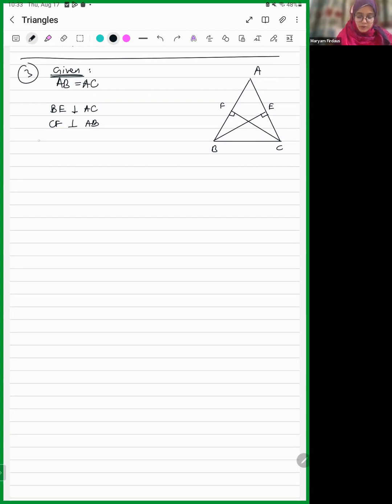Now let's quickly complete this question. We have to show that BE is equal to CF. Now think very carefully how to approach this. Both are 90 degrees. First of all, identify which two triangles we want to talk about. BEC and CFB. Let's see whether this will serve our purpose. What all things do we have equal?